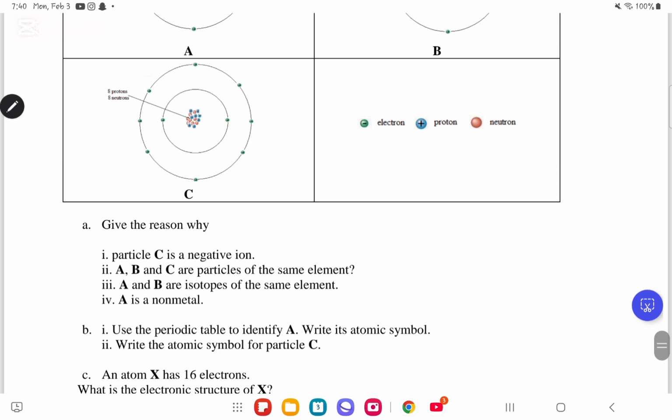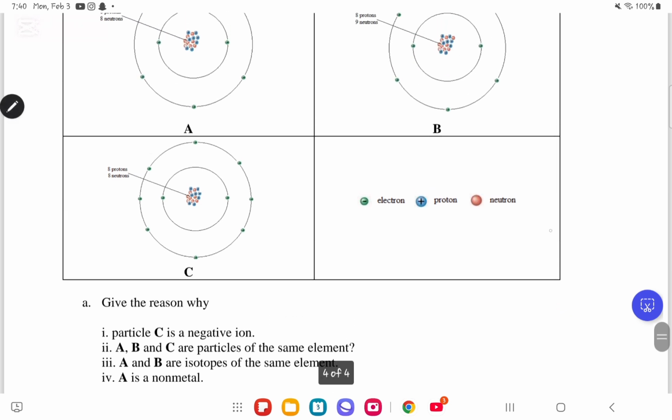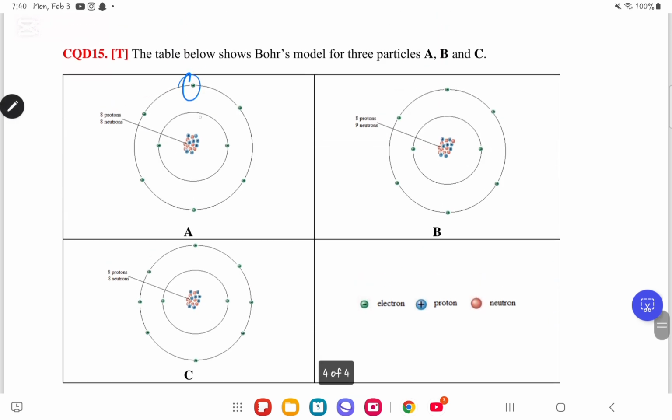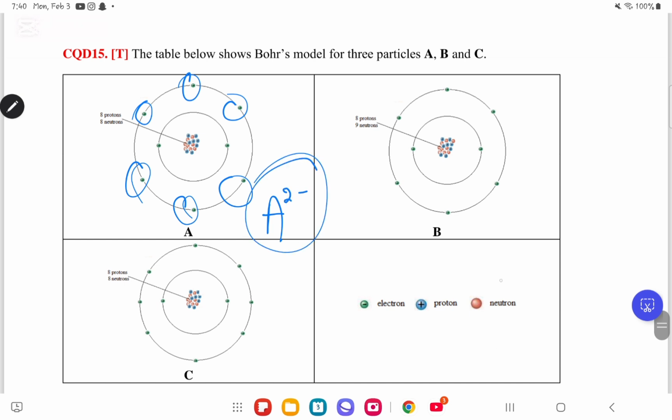Now, A is a non-metal. Why? Because it has 6 electrons on its outer shell. So 1, 2, 3, 4, 5, and 6. Meaning it's 2 minus. Okay? So 2 minus means that you need to gain 2 more electrons for it to have the configuration of a noble gas.